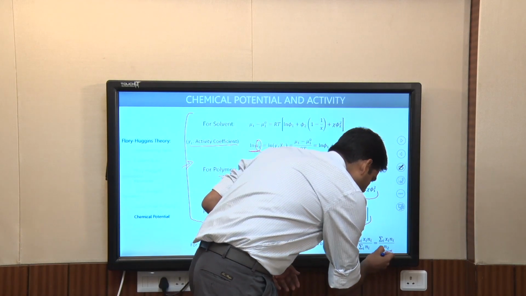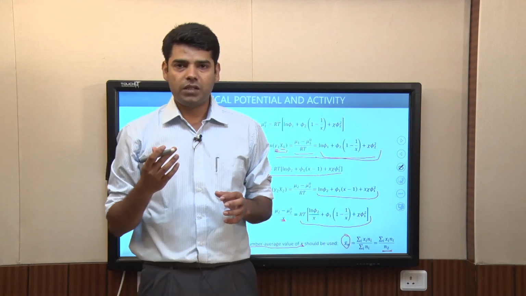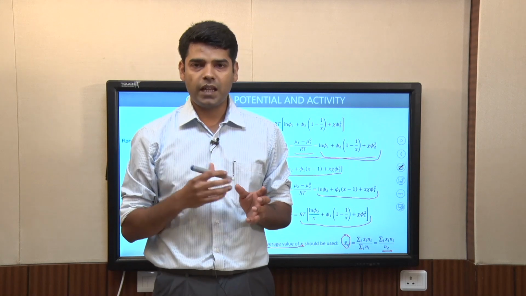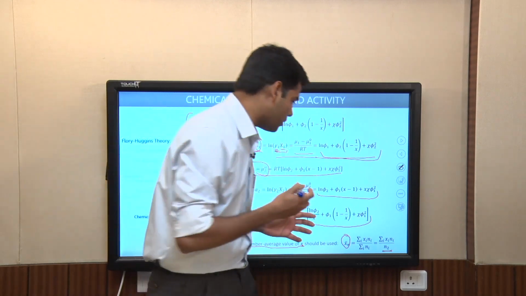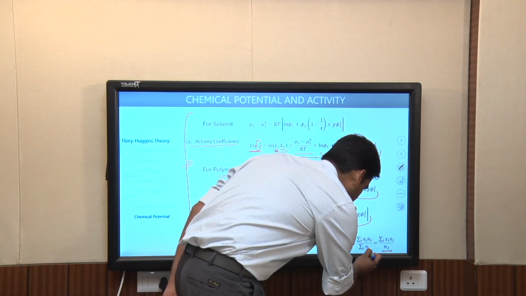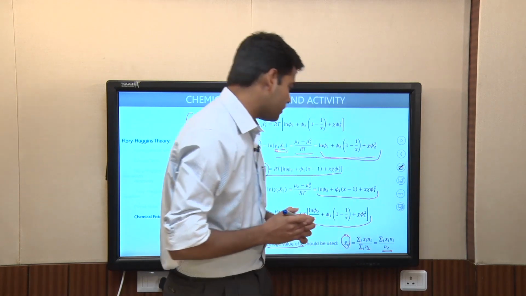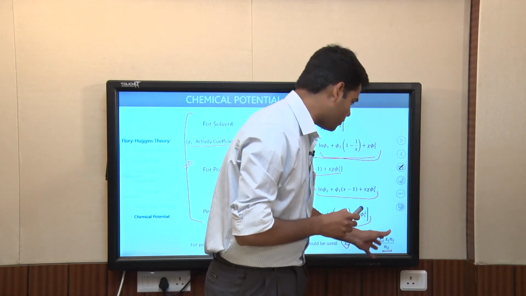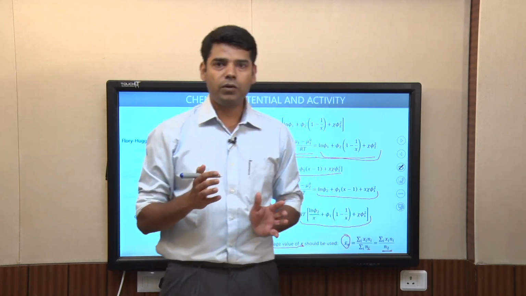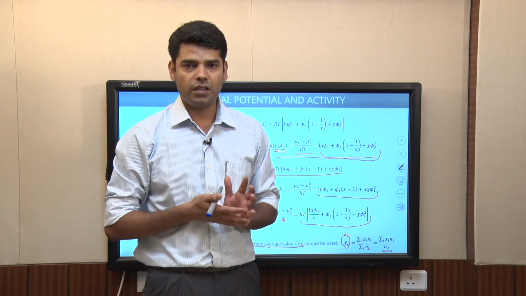Here we do not have the number of polymer chains, we have the number of moles, but the summation of all the numbers of moles will simply be equal to the total number of moles of the polymer present in the solution.